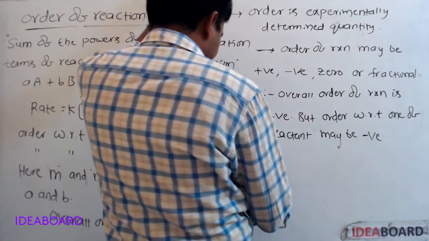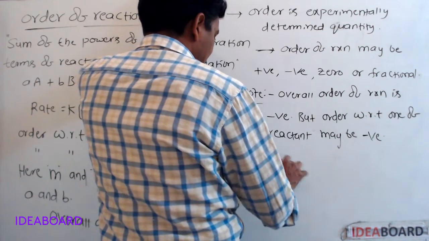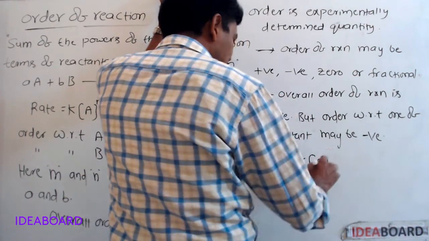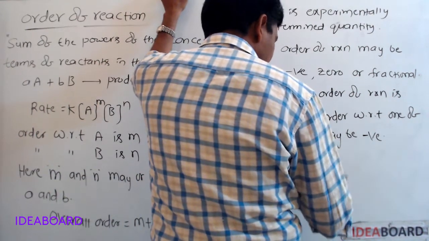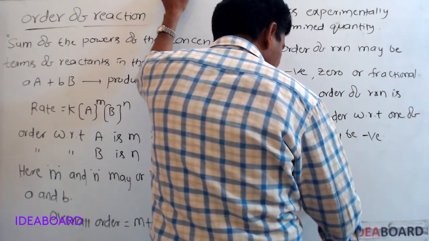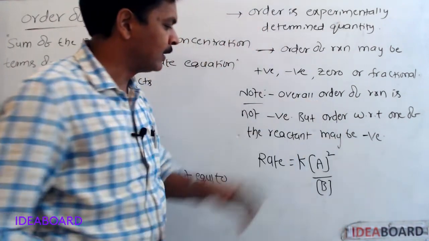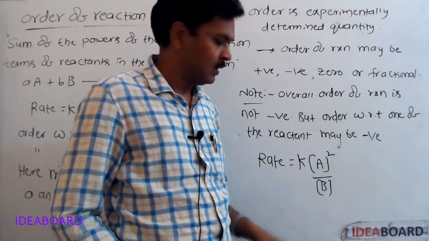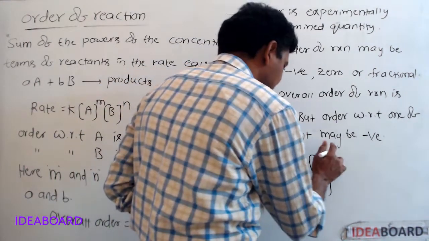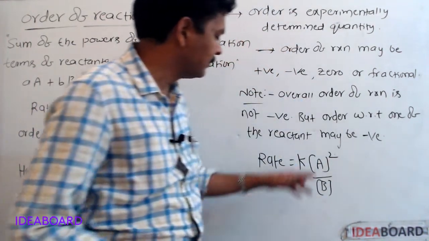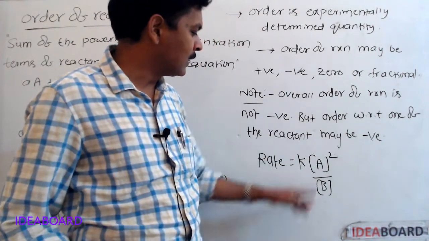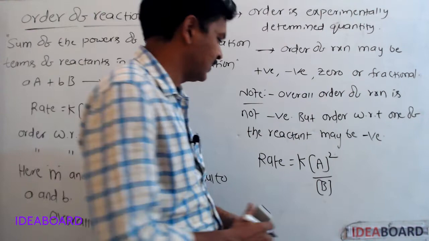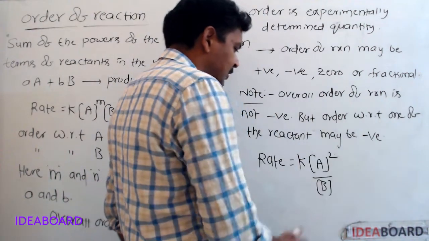For example, for the given reaction, if the rate equation is rate equals K into [A] squared divided by [B], then order with respect to A is 2 and order with respect to B is minus 1.